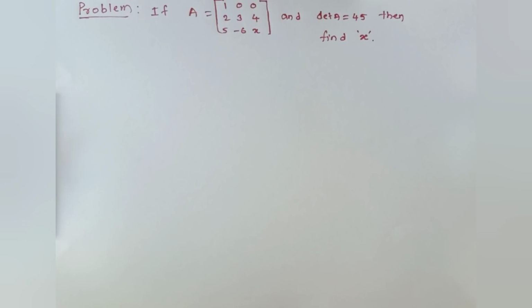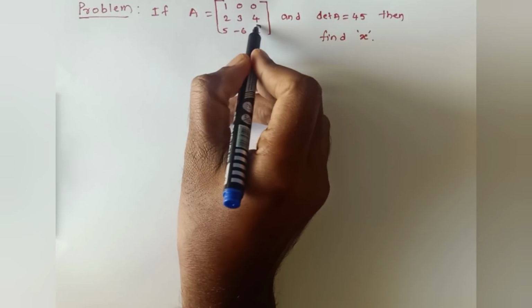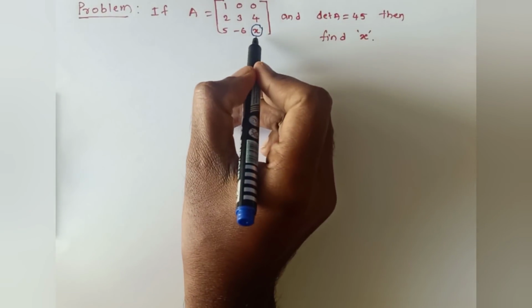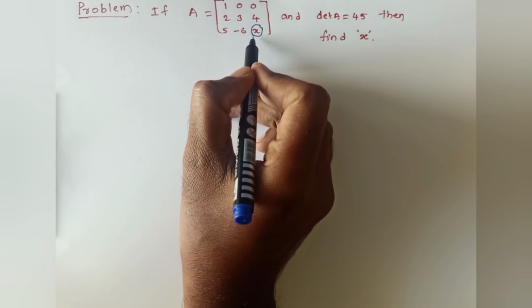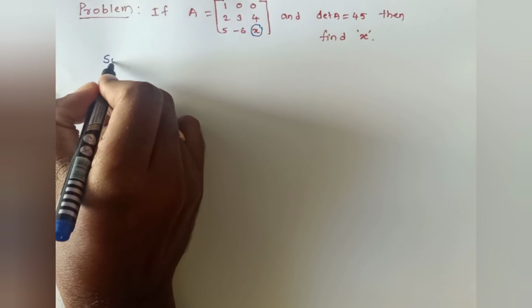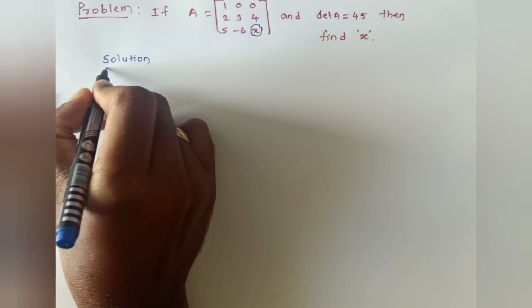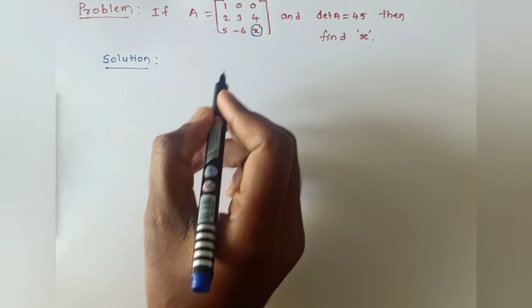Since the matrix contains the unknown number x, you need to find the value of x when determinant of A is 45. By using the condition that determinant of A is 45, we can evaluate the value of x.